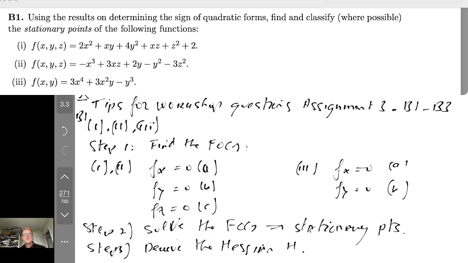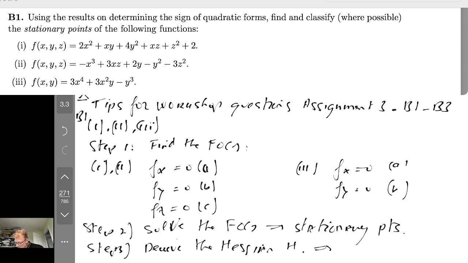For the first function, the Hessian has only constants as components, and for the second and third function, the Hessian will be a function of x, y, z, or at least a subset thereof, but it's not a matrix with constants.